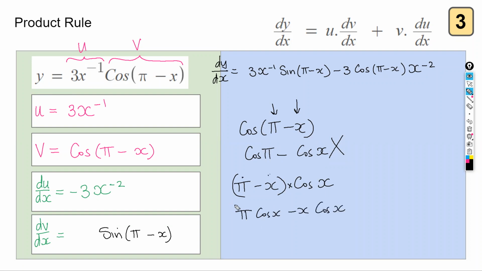You notice where I placed the pi and the x, it came before the cos x. You try not to write it like this. It takes a little while to get used to, but trig functions, if the brackets come in front, please don't ever think you can multiply it out. It's just not allowed in maths. All right, so Videsh, that clears up the question.